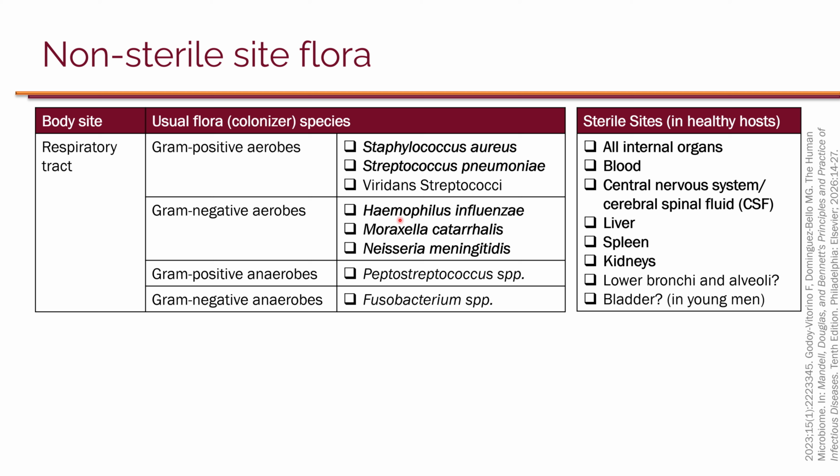Some of the gram-negatives include Haemophilus influenzae, Moraxella catarrhalis, Neisseria meningitidis, Peptostreptococcus, and Fusobacterium. And again, the presence of these organisms doesn't necessarily mean an infection. They are part of the lung microbiome, but when you do develop a respiratory infection, these are the organisms that might be causing them.